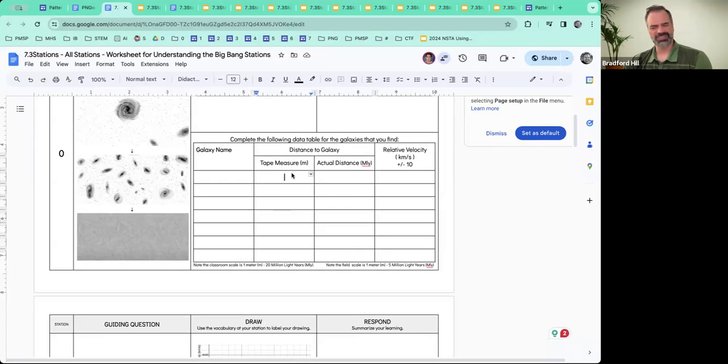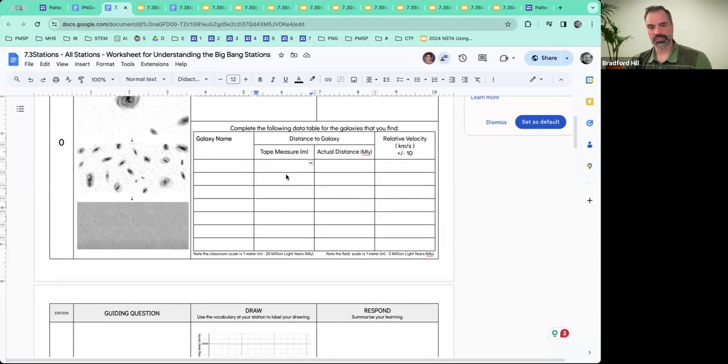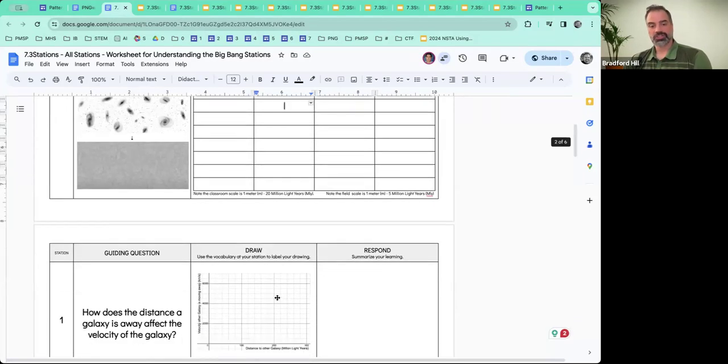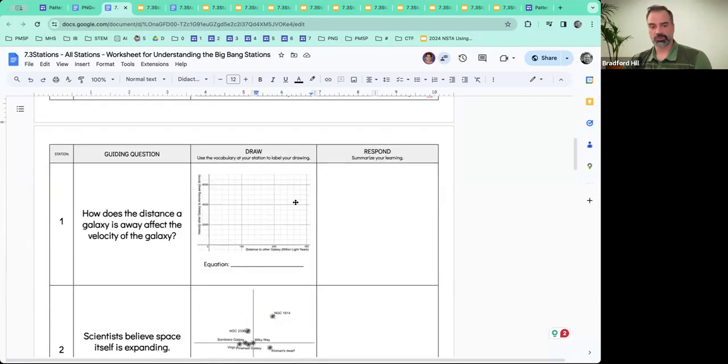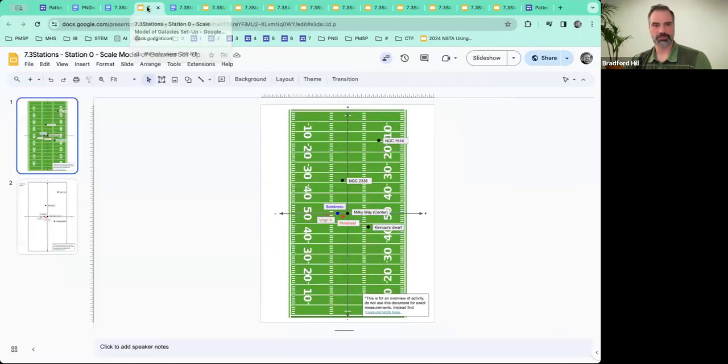It was rainy, so we did it in the classroom, and one of them was in the hallway. So they go, and we of course want them to notice that relationship between the distance and velocity, and of course, help find Hubble's law for themselves.